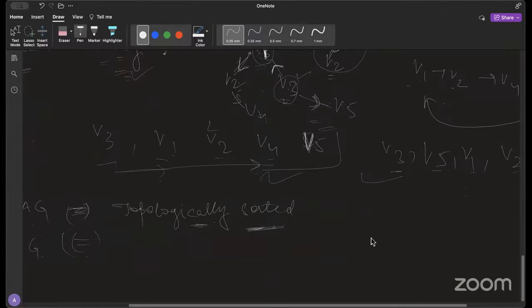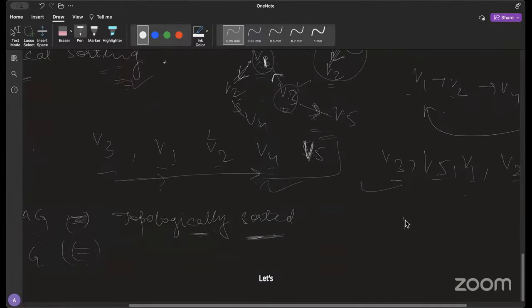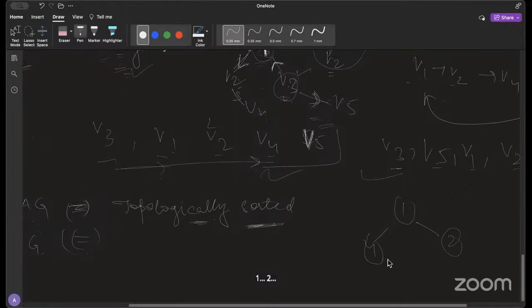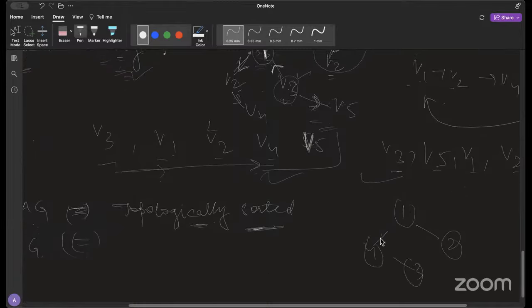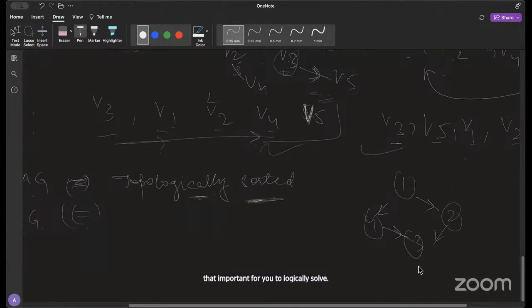Let's take this graph. Let's say you have V1 here. Let's write 1, 2, 3 only. 1, 2, 4. These are important for you to topologically sort in this direction.